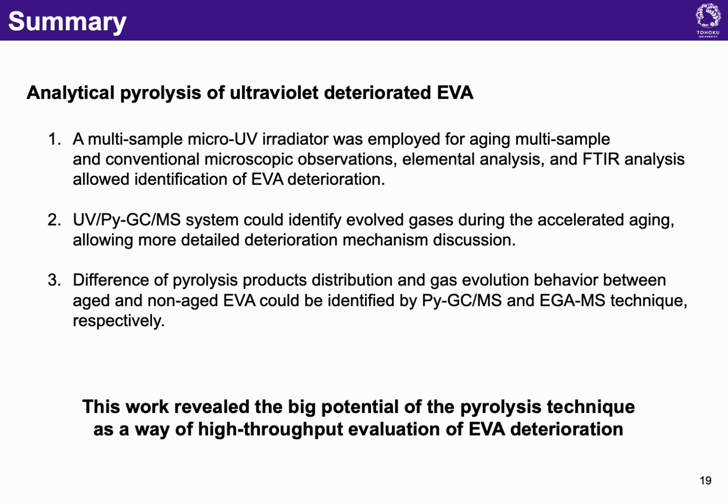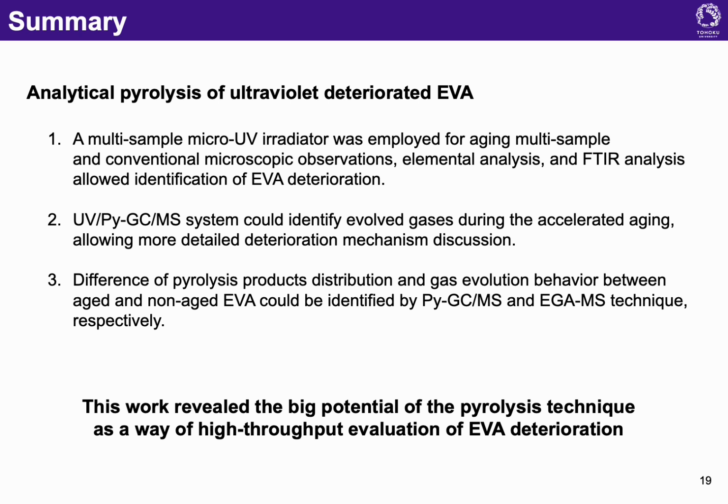Elemental analysis and FTIR analysis allowed identification of EVA deterioration. Next, the UV PY-GC-MS system could identify evolved gas during the accelerated aging, allowing a more detailed deterioration mechanism discussion.